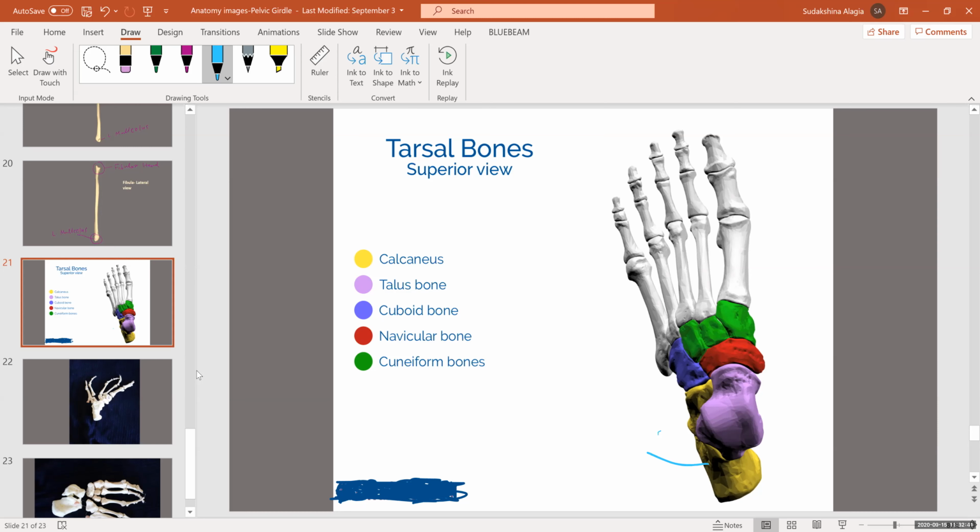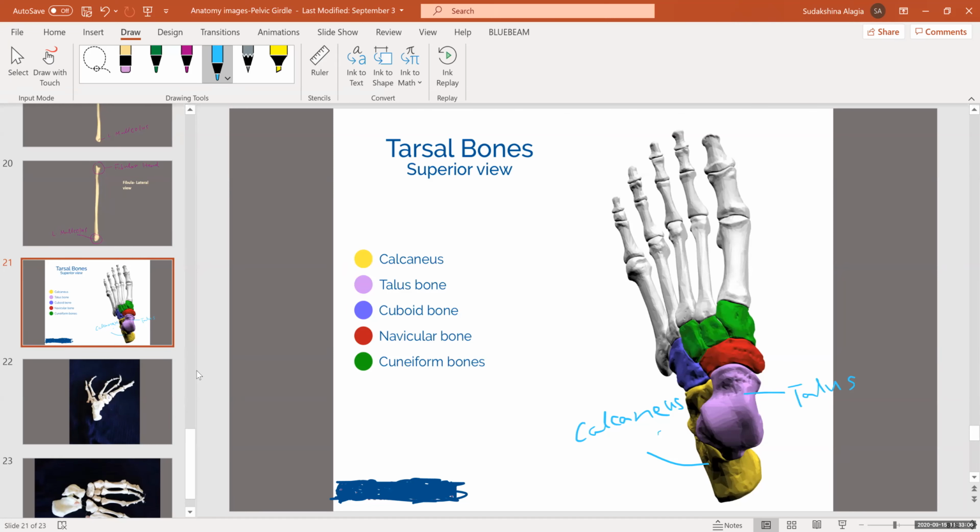So calcaneus, as you can see here, calcaneus, talus. Calcaneus is the largest bone, it's pretty heavy, followed by talus. And then navicular.